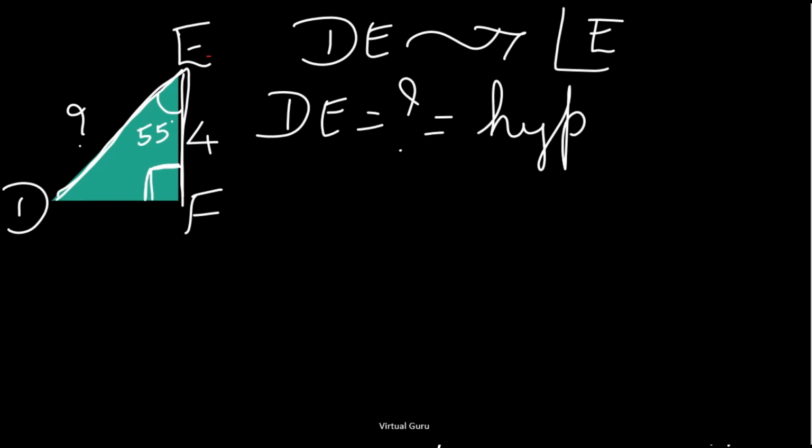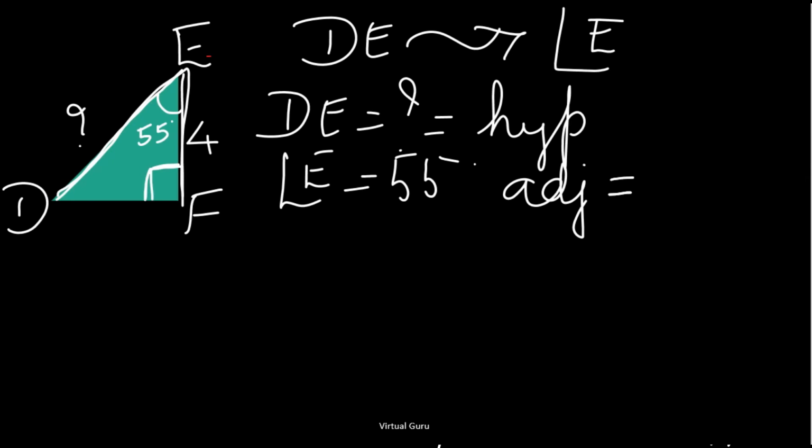So how is 4 related to angle E? 4 is nothing but the adjacent side of angle E, isn't it? So if angle E is given as 55 degrees, this 4 is the adjacent side relative to angle E. That you have to remember.